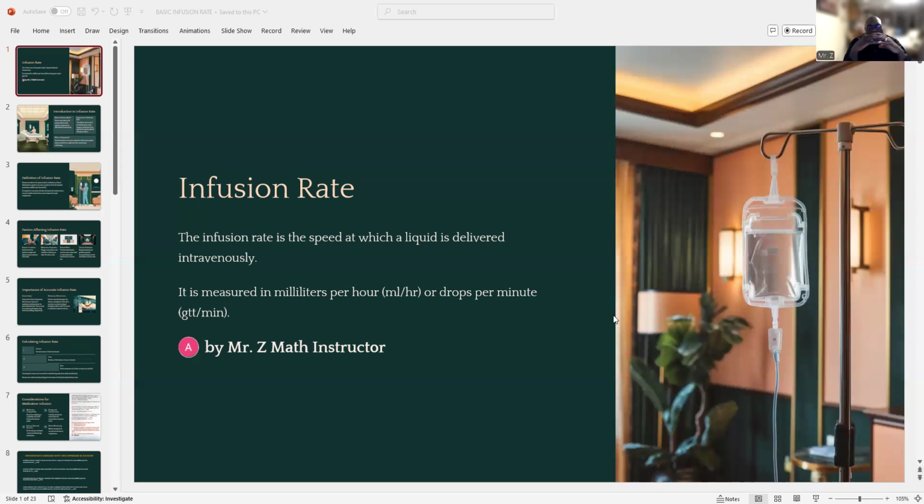Some books refer to flow rate as a general term, but other books where they say infusion rate are more specific about the volume per hour, volume divided by time, which is expressed in milliliters per hour, or the drop rate, which is pushing the medication through gravity. You do not have a pump, and you can solve for drops per minute, and we will go over that one. All right.